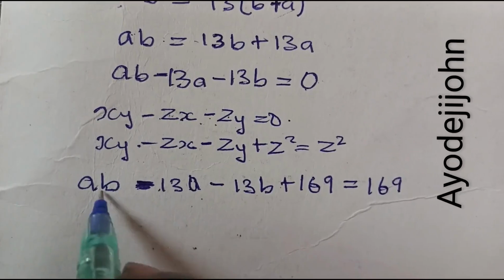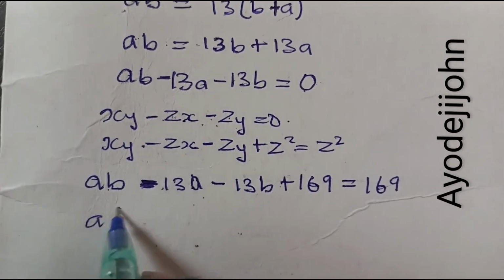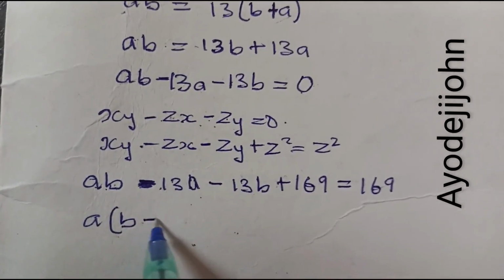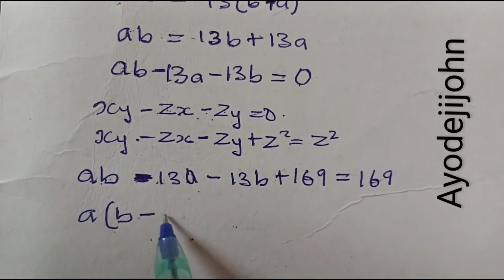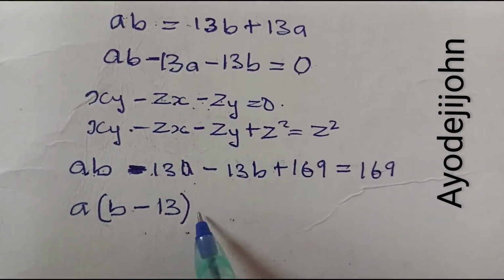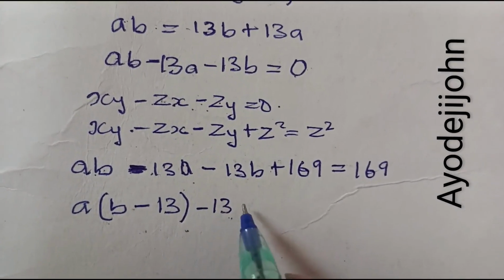What is common between them is A. So AB divided by A, that's B, minus 13A divided by A, that's 13. You close your bracket, something is common here too, which is minus 13.